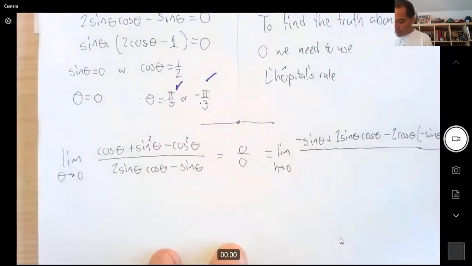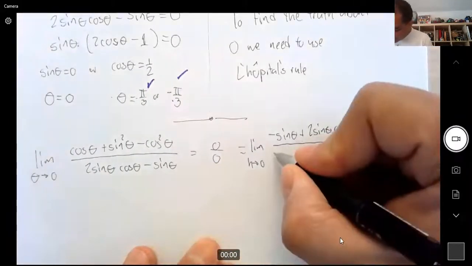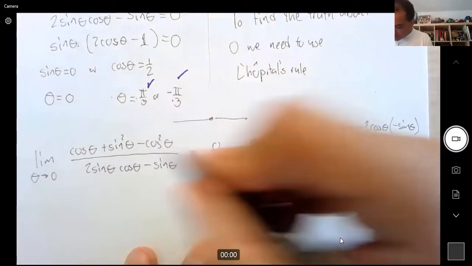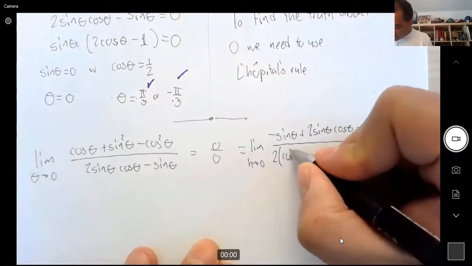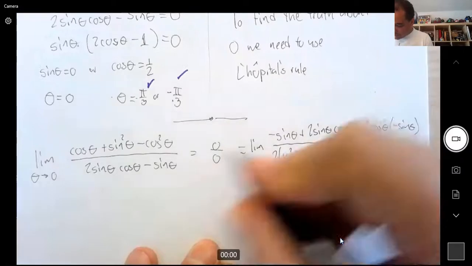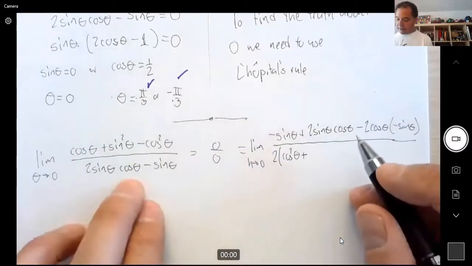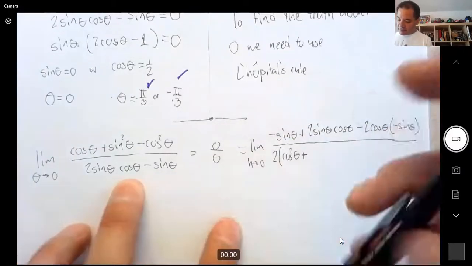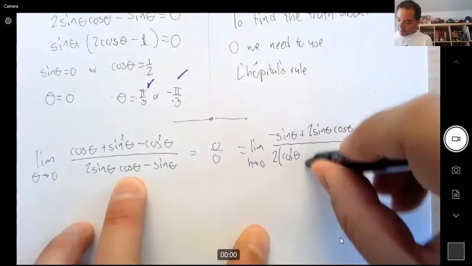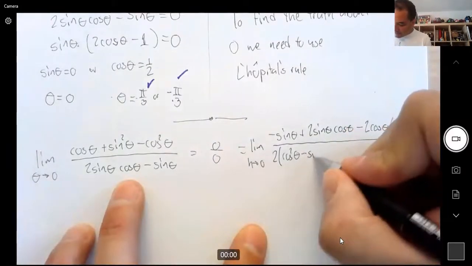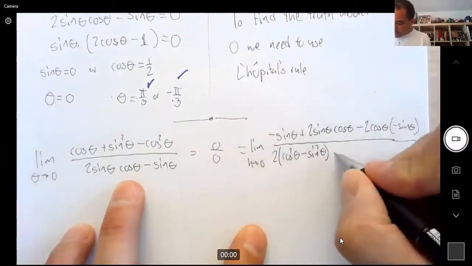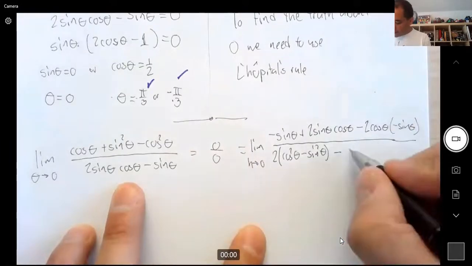All right, in the bottom is the derivative of 2 sine theta cosine theta, so we use the product rule. So it will be 2 times the derivative of sine is cosine, so that's cosine squared, plus sine times the derivative of cosine, which is negative sine, so it's cosine squared minus sine squared, minus the derivative of sine, which is cosine.